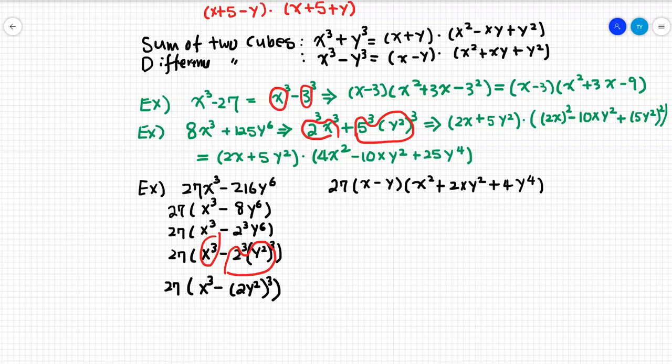Okay, so that's going to be using the formula for factoring the polynomial here.